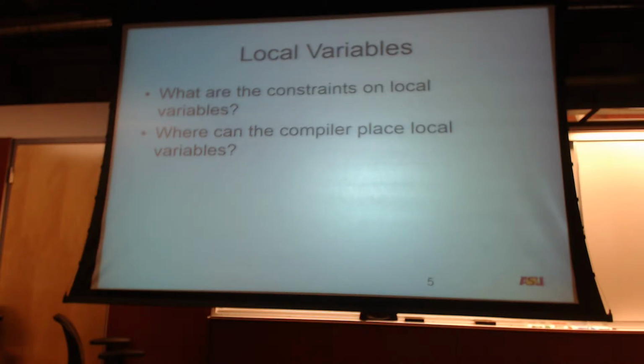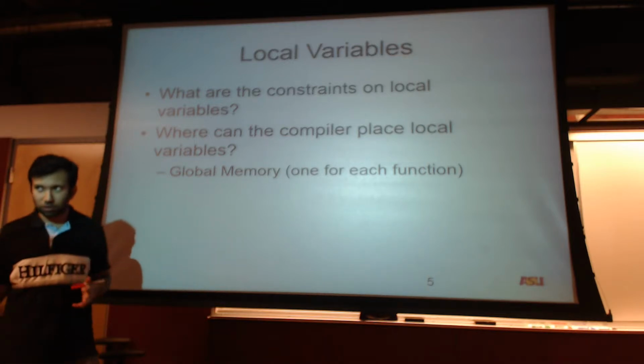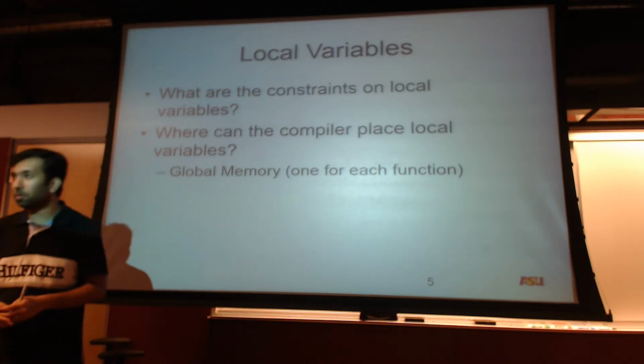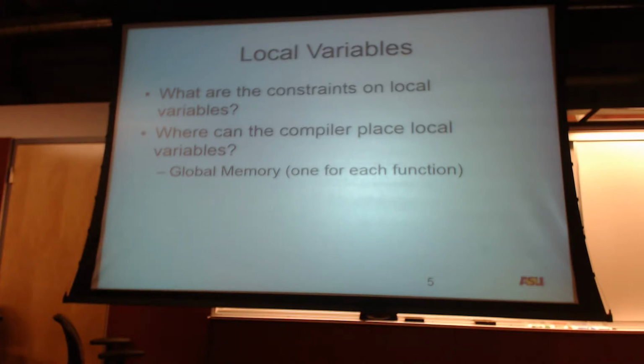Why not place them in the global area? What is the problem? If we have global memory and we just keep one chunk of global memory for each function, what will be the problem? Once we exit the function, we don't need them. Yes, we don't need them, but we will override them.